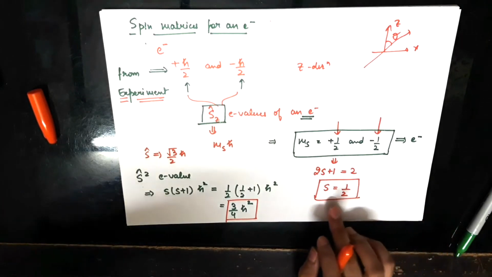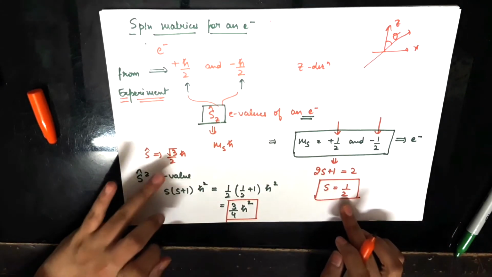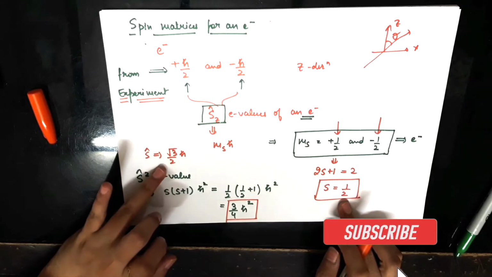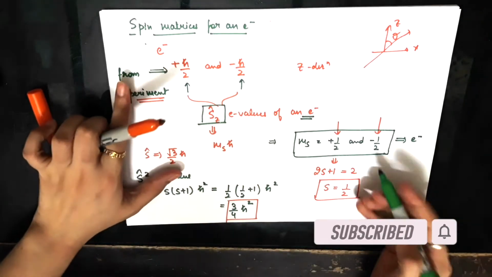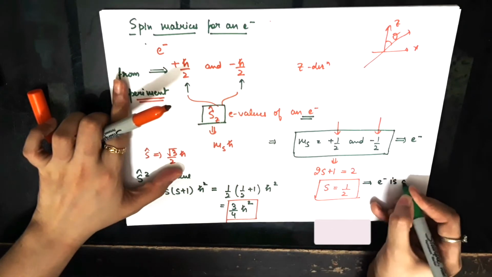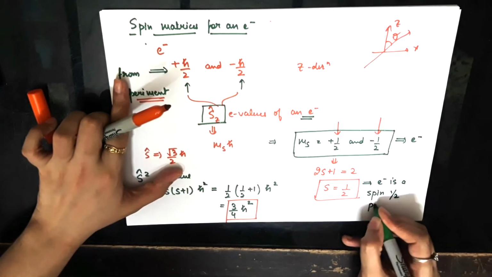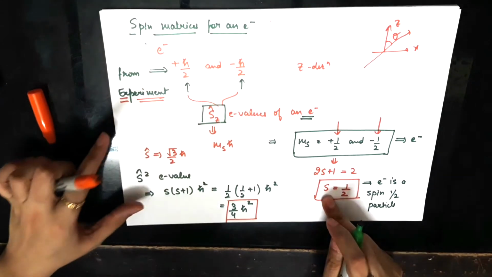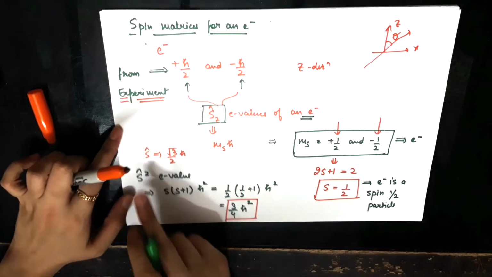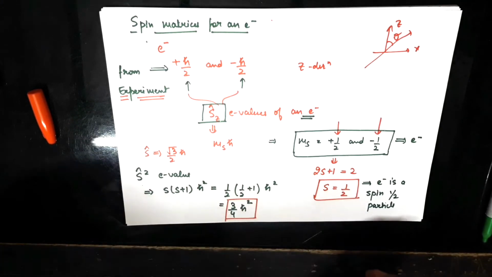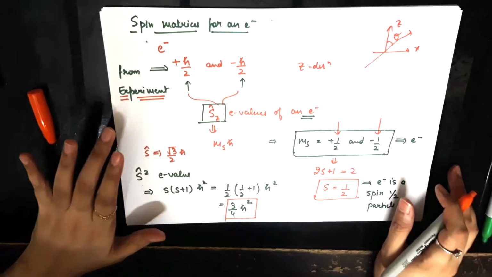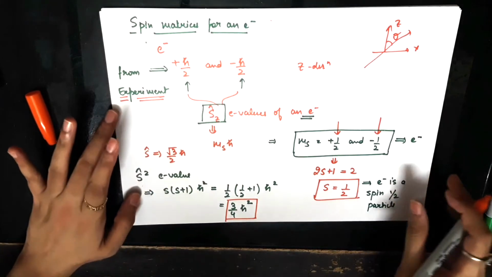It's more convenient to talk in terms of this small s instead of the whole eigenvalue, (√3/2)ħ. So when I say that the electron is a spin half particle, that is on the basis of this small s, not the eigenvalue of the total spin angular momentum operator. This is just one point that sometimes we miss, so I mentioned it, and it's an important point to keep in mind.